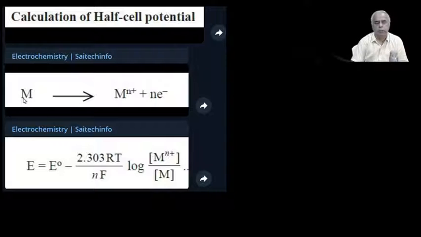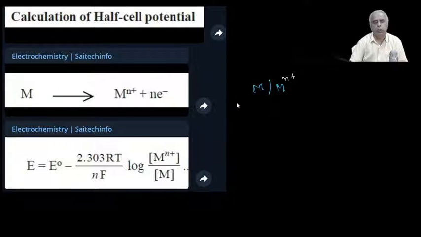Let us consider a metal electrode that undergoes ionization. It is generally represented as M, M^n+.